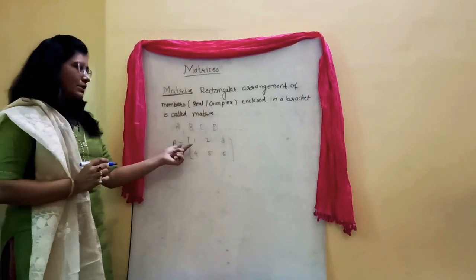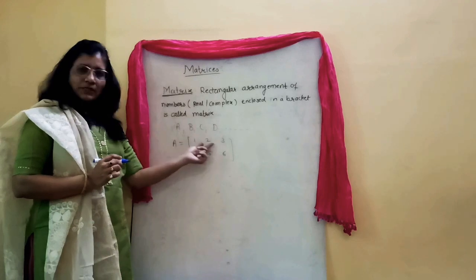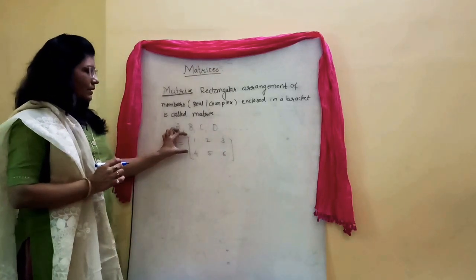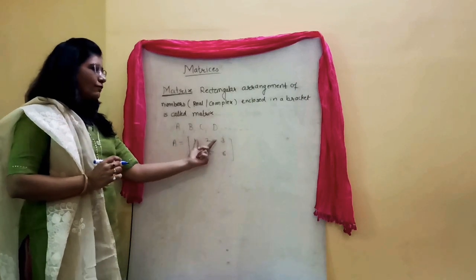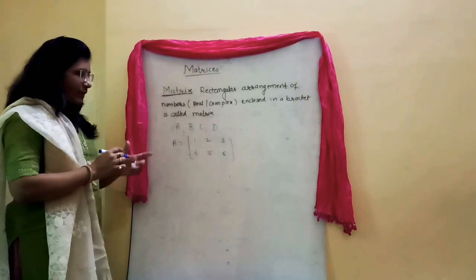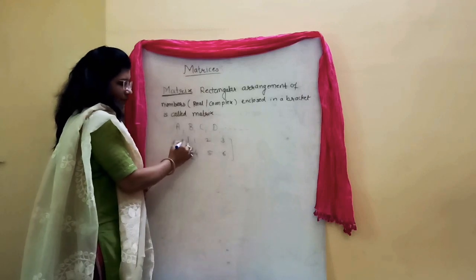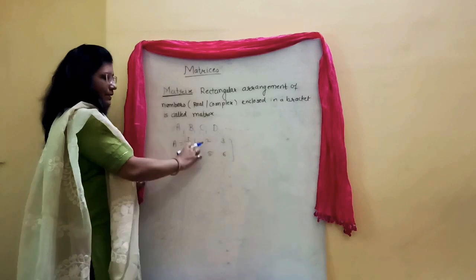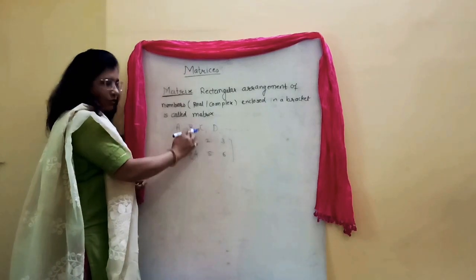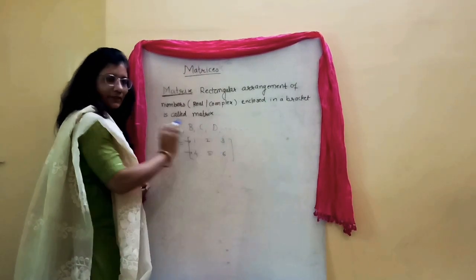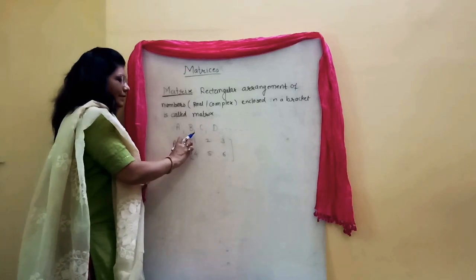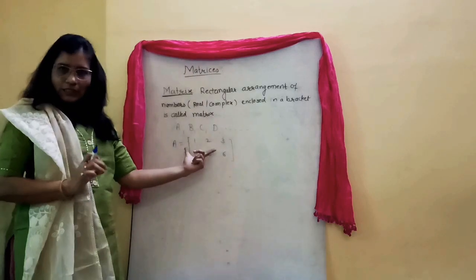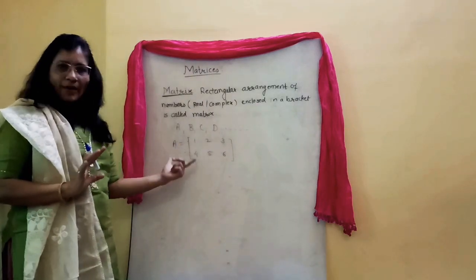It has numbers arranged in a rectangular manner, with a number of rows and a number of columns. How many rows are there? This is one row, this is another row, two rows are there. And this is a column, this is a column: one column, a second column, and a third column. So, this arrangement of numbers enclosed in a bracket is called a matrix.